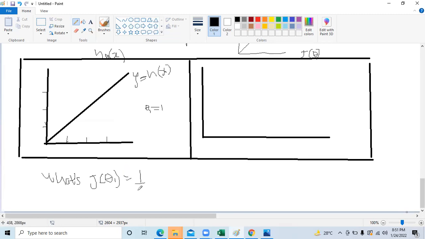J theta is 1 over 2m, then the summation of h of x (theta) minus y, all squared.